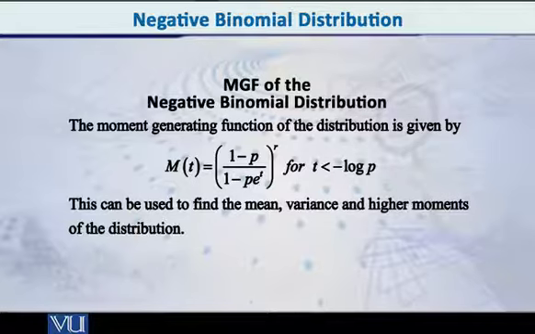So once you have the MGF, of course, you can take its derivative and do all that procedure that is usually done in order to find the mean, variance, and higher moments of the distribution.